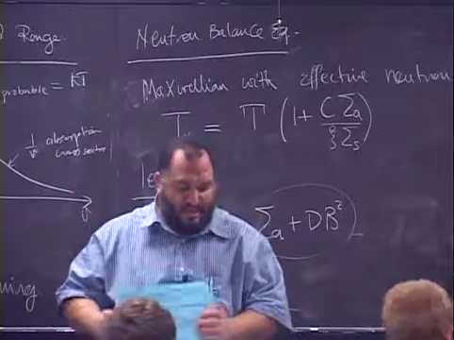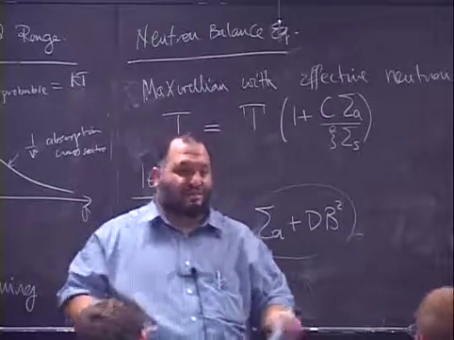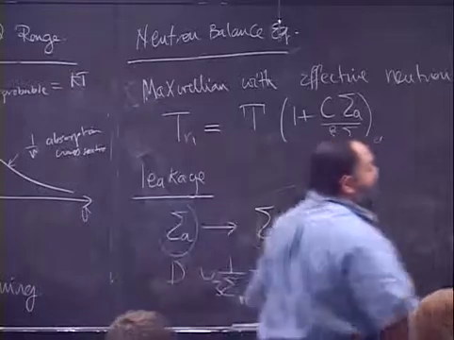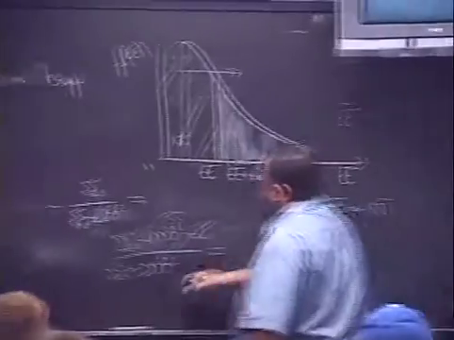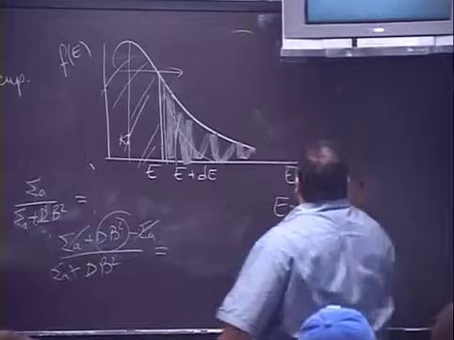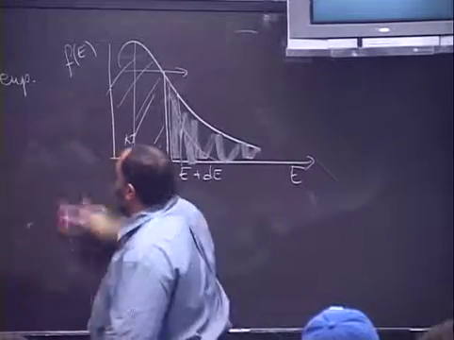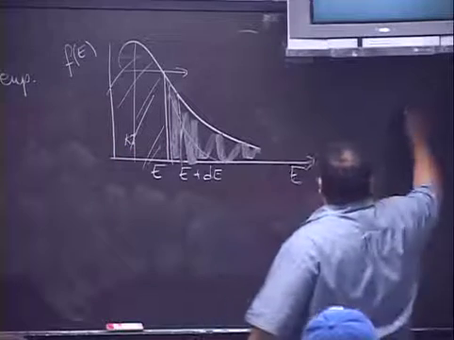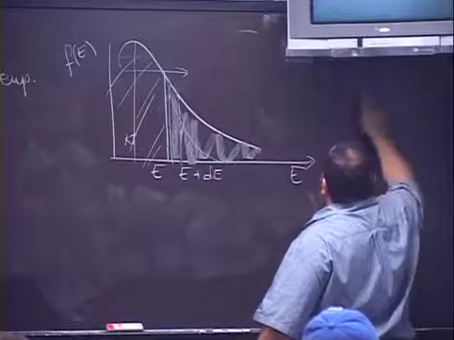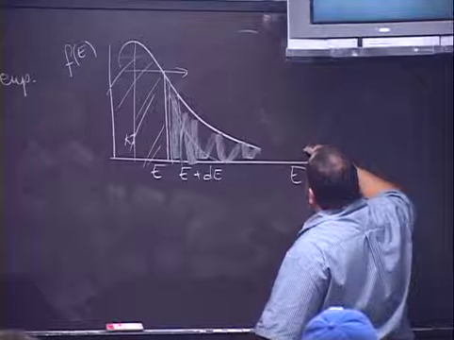Okay guys, in the slowing down region, if you remember, in the fast energy region it was what? Chi. Then it goes like this.